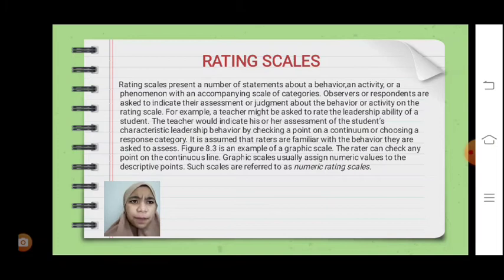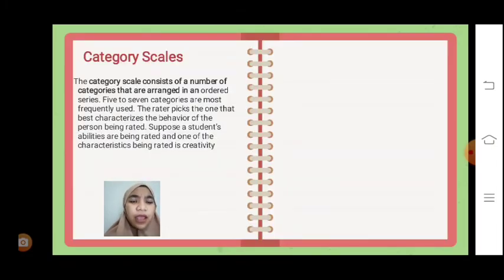The next is category scales. The category scale consists of a number of categories that are arranged in an ordered scale. Five to seven categories are most frequently used.